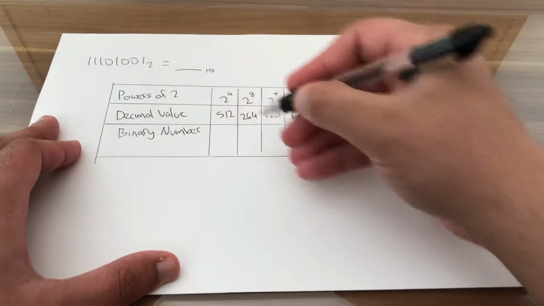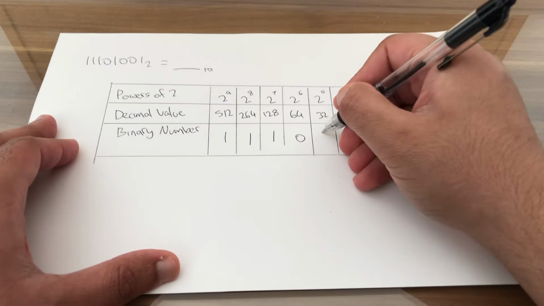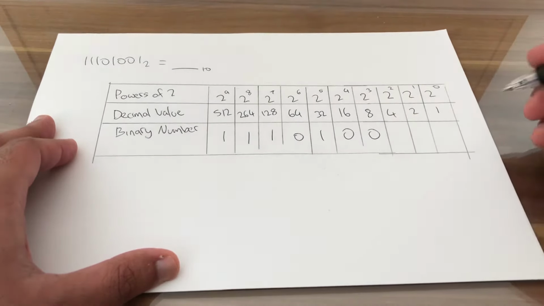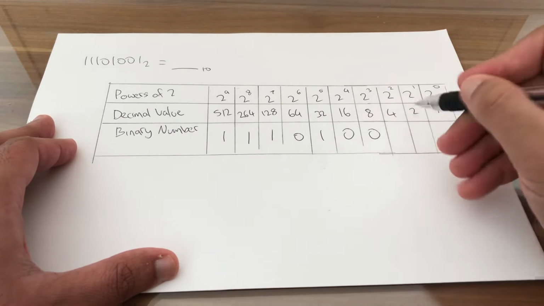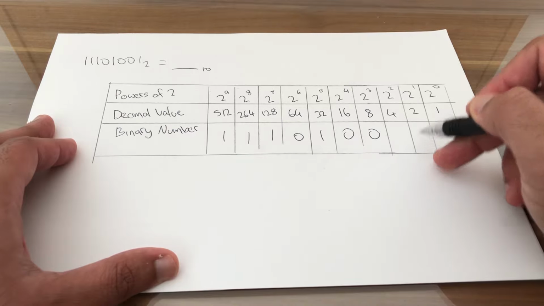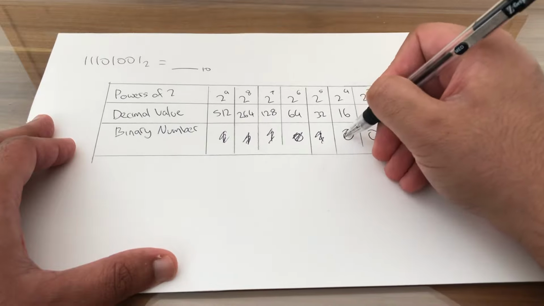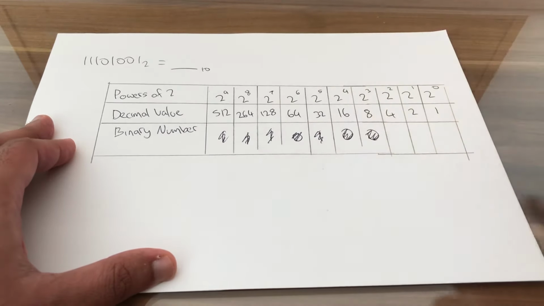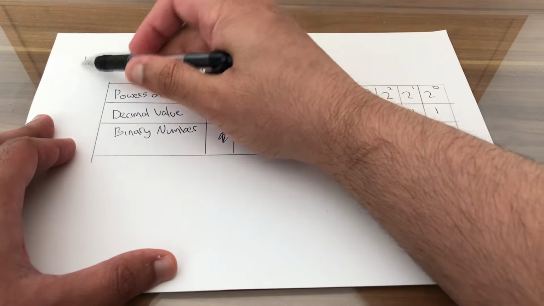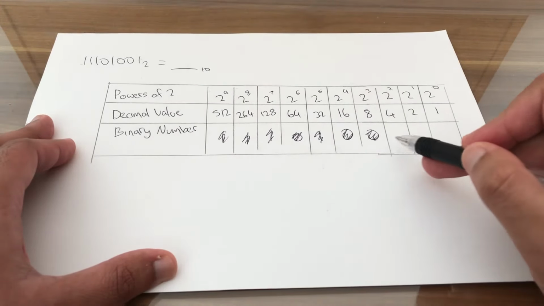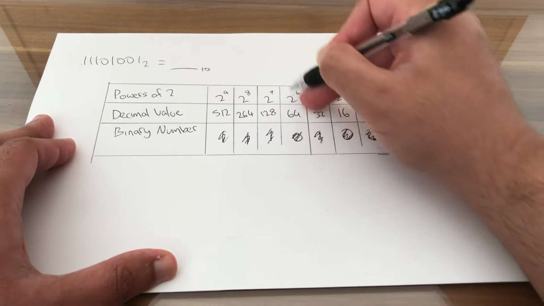The binary number 1110100. Nope, that's wrong. What we need to realize is there are 1, 2, 3, 4, 5, 6, 7, 8 digits, so we start from 2 to the power of 7.